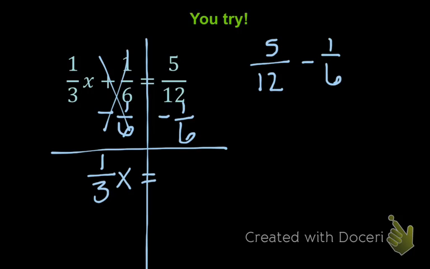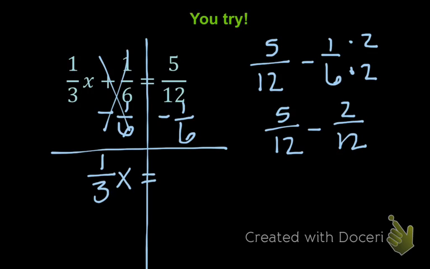Well, I need a common denominator, so this would actually be multiplied times 2, so my denominator is 12. So 5 over 12 minus 2 over 12 to give me 3 over 12, which you should know you can simplify to 1/4.